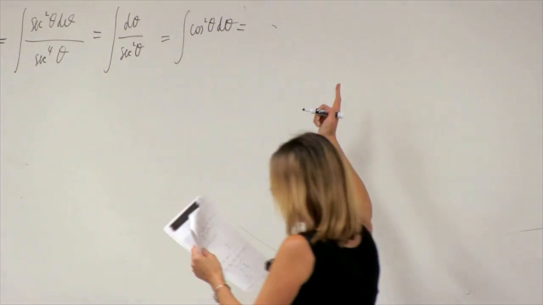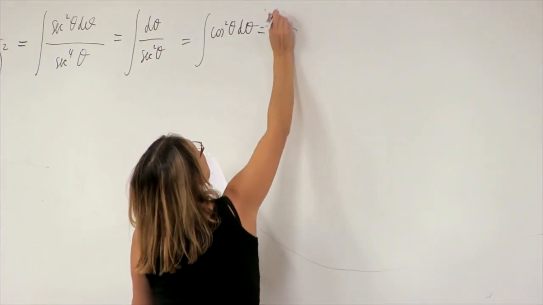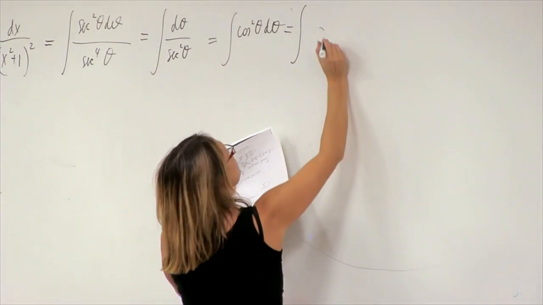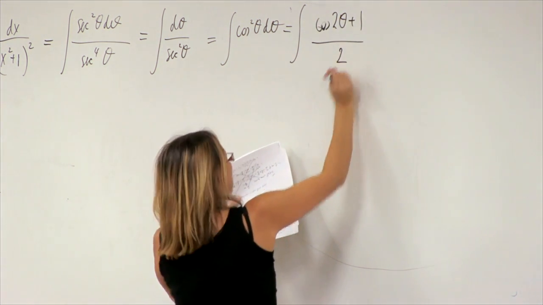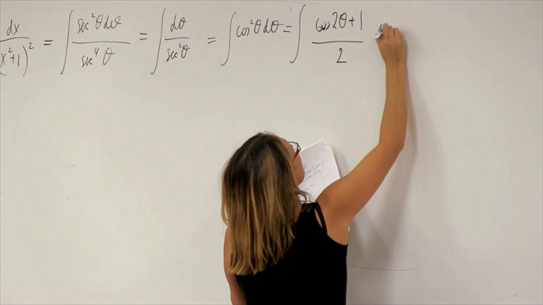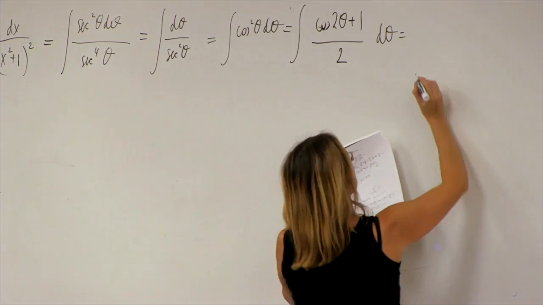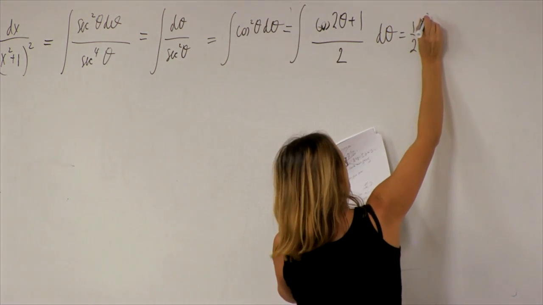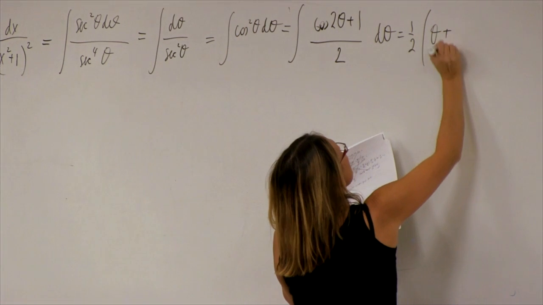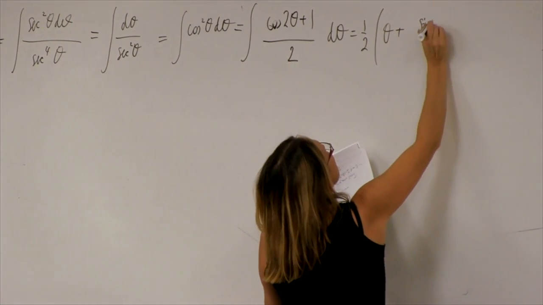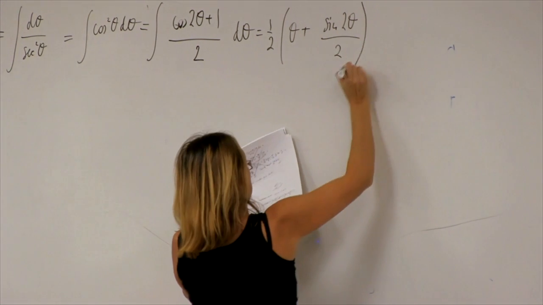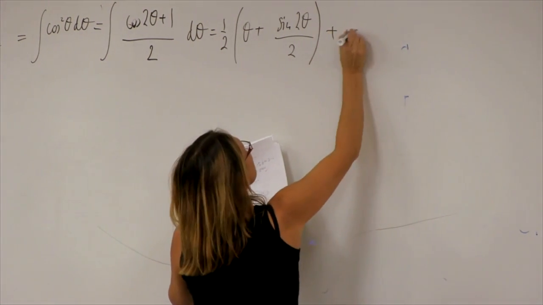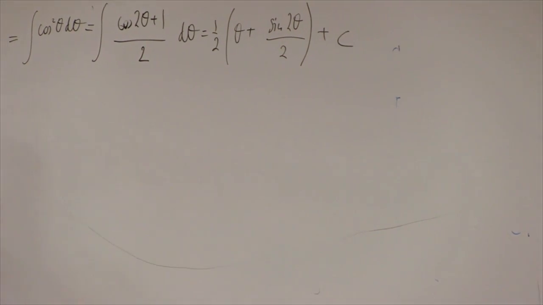I want to represent this as cos 2 theta plus 1 over 2 d theta. So now this is easy. I have 1/2 theta plus sine 2 theta over 2 plus c. Okay, almost done.